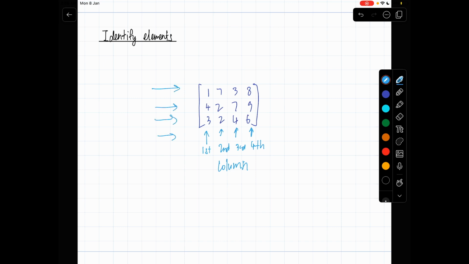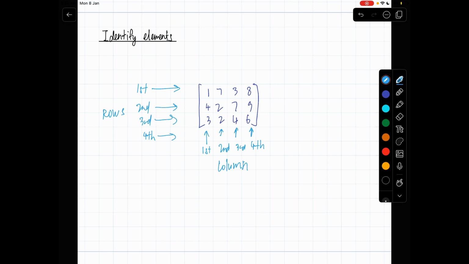So this will be first, second, third, and fourth. And remember, these are rows. It's important to make this distinction, and then remember the ordering so that you don't mess up the order, because it's important when they're asking you to label a particular element of this matrix.